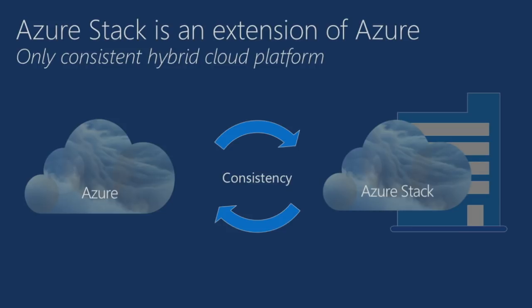So Azure Stack is an extension of Azure. It's the only consistent hybrid cloud platform where we have Azure, Azure Stack, and a consistency that we bake into the product. And then we're really feeding from Azure. We're an extension of Azure. So when you're thinking about, should I go to Azure Stack, the first question you should probably ask is, am I in Azure? Do I have stuff in Azure? Can I go to Azure first?